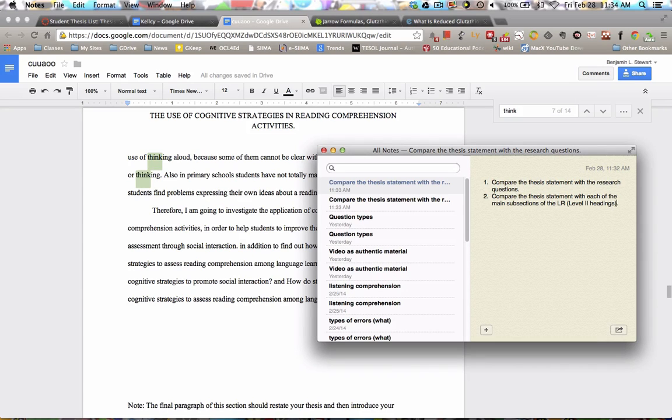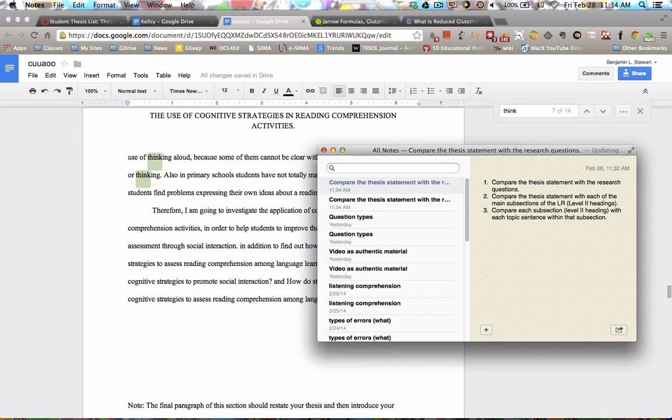Good. Then, when I finish that, I'm going to look at each subsection, level 2 heading. I'm going to compare each subsection with each topic sentence within that subsection.